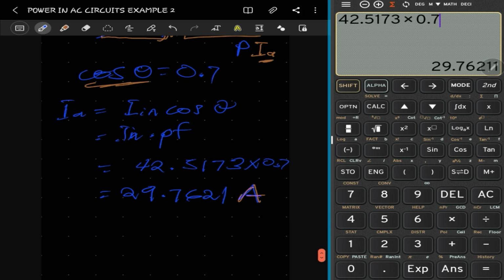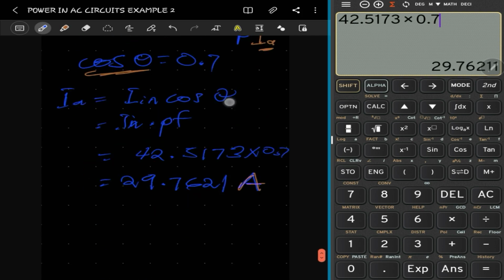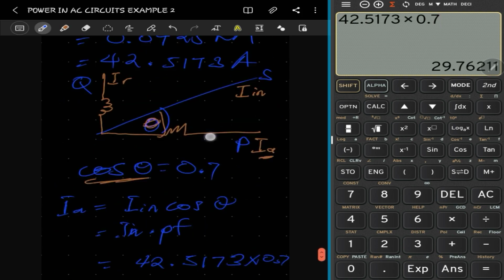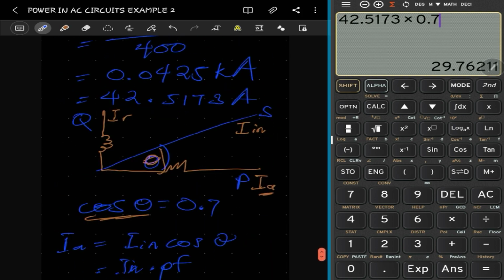Now we need to find the reactive component, right? Reactive is I in times sine theta. But do we have sine theta? Meaning we can't use this particular equation. We don't have the theta. The other way is to look at this again, because they are vectors, right?